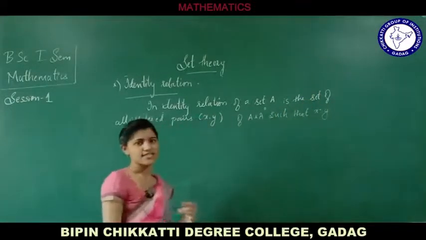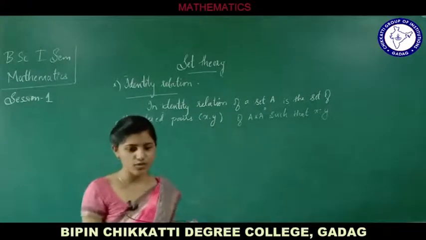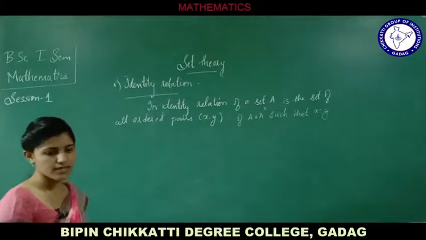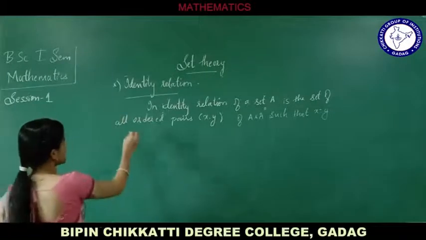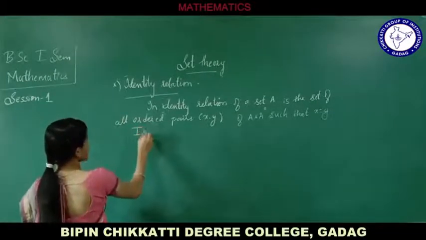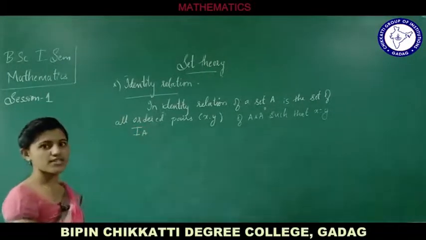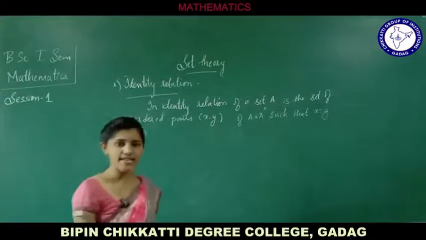What is the condition here? Such that x is equal to y. The identity relation is usually denoted as IA.